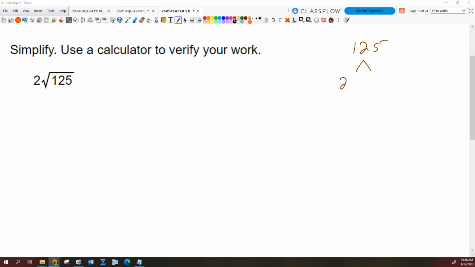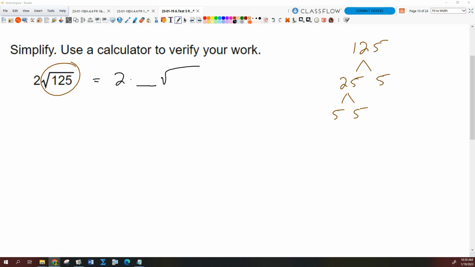Okay, so we can do 25 times 5, and then 25 breaks up into 5 and 5. All right, so then our answer, yeah, we already have a 2 out front, but we've got to take this part of it and simplify that, right?